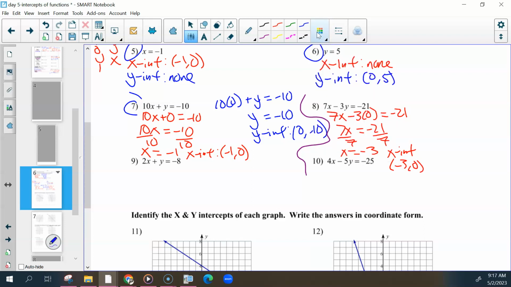For the y-intercept, the opposite, put 0 in for x. I know this is going to become 0. I know it's going to disappear, so I can skip to the next part and divide.